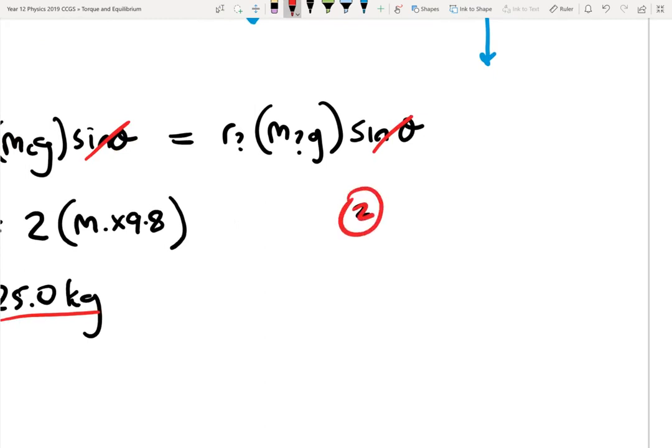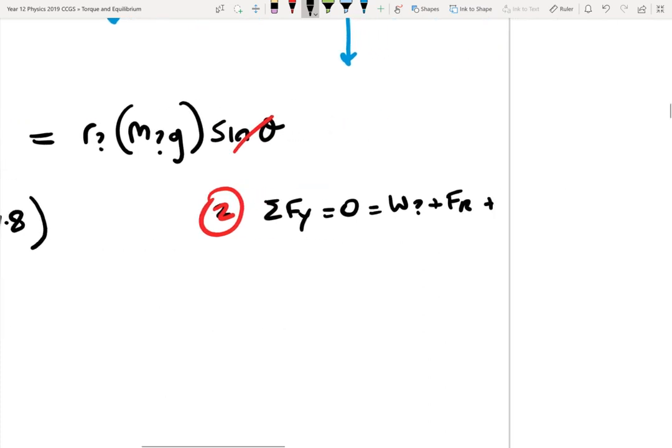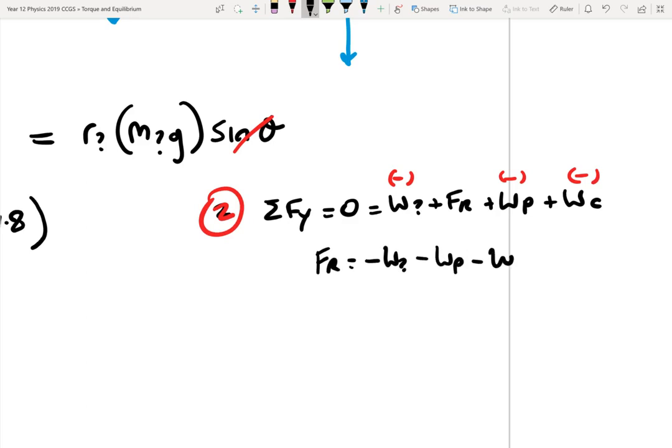Rule 2, we can now sum the verticals to 0. That's going to be weight unknown plus FR plus weight plank plus weight child. Again, all the weights are going to have a negative. We're assuming the reaction force at the pivot would be positive. So FR equals negative weight unknown, negative weight plank, negative weight child.